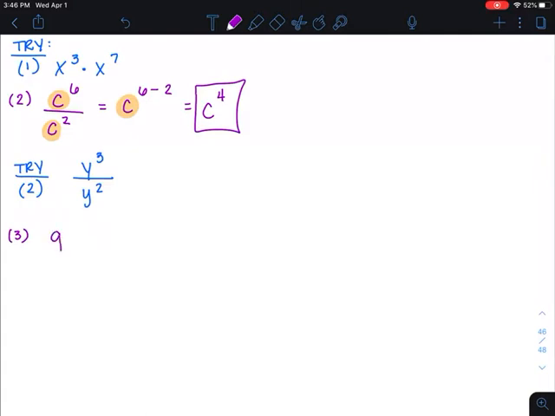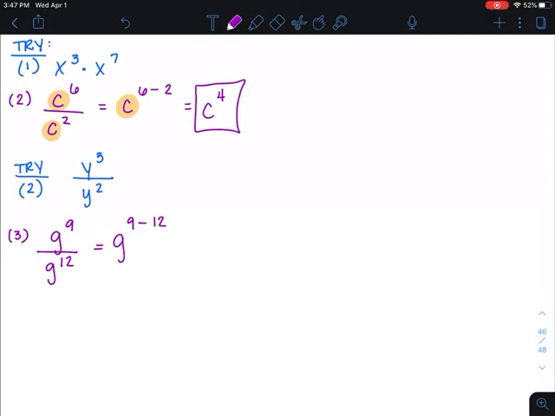Number 3, if I say you have g to the 9th power divided by g to the 12th power, this one's going to be a little bit different. Let's do it the subtraction way first.